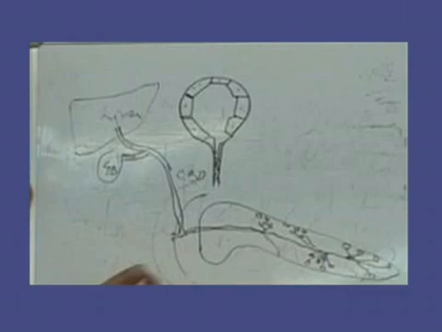Besides the enzymes, the pancreas also secretes large quantities of bicarbonate ions. The enzymes present in the pancreatic secretions digest all the three forms of our diet.